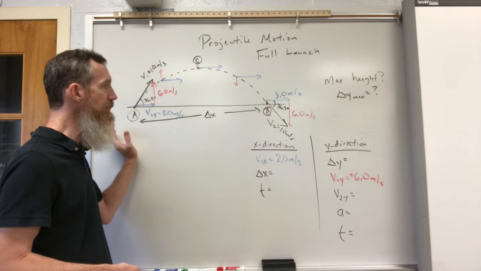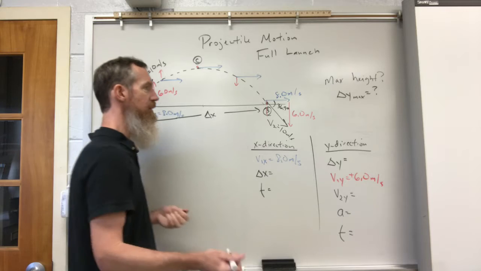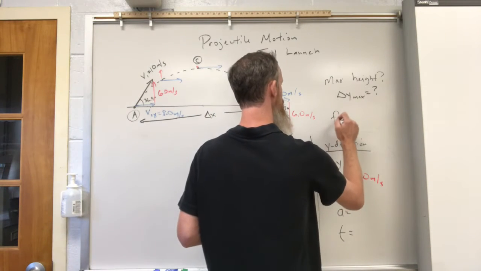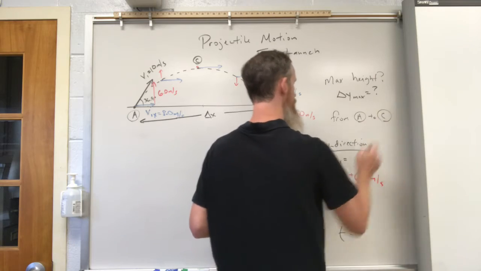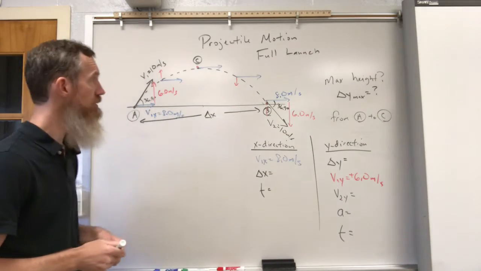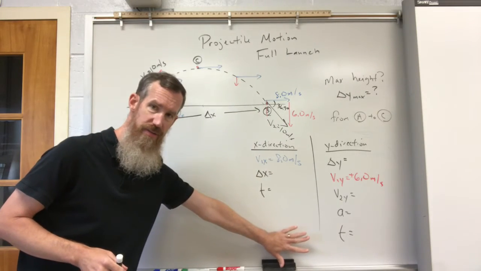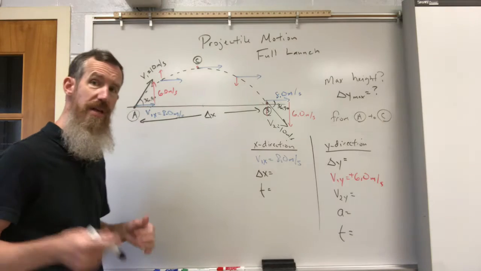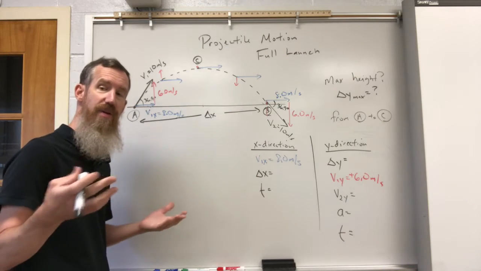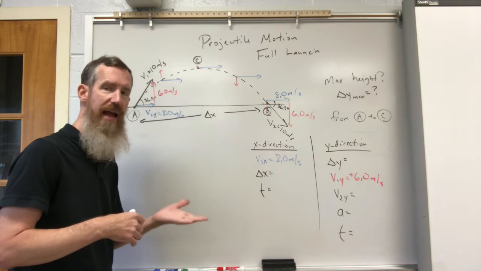Yes, it was the same launch speed, same angle. So I can keep my initial x and y velocities, but I do have to make a notation that I'm going to go from A to point C here, from here to here. And that creates other differences in my information. Now, there's some things from the last problem we can kind of keep, but you don't have to.